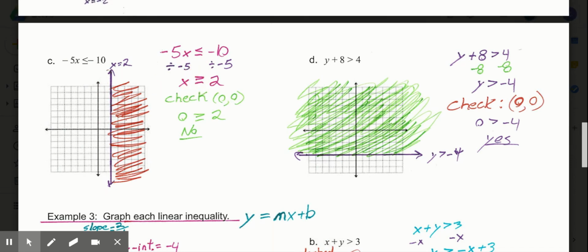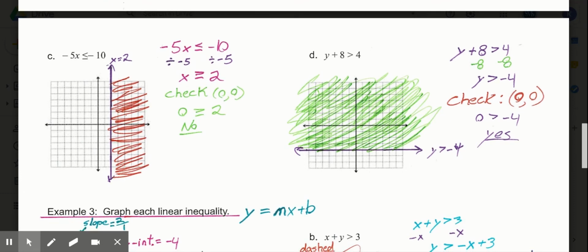And then we want to check our point. So plugging in 0, 0. Is 0 greater than or equal to 2? No, it is not. So we are going to shade away from 0, 0. So we would shade on this side of our line, meaning anything to the right of our line is an answer.